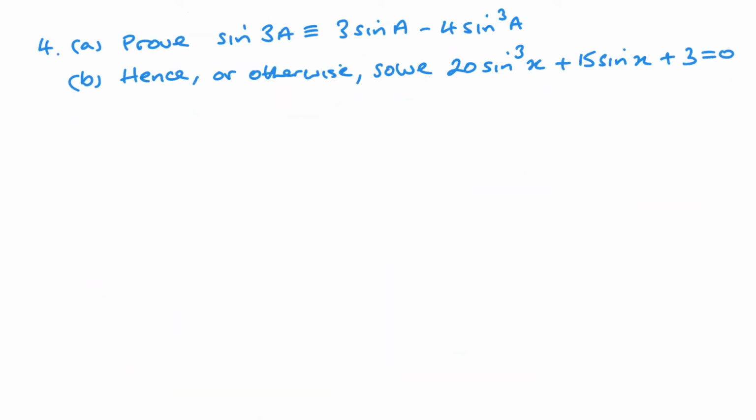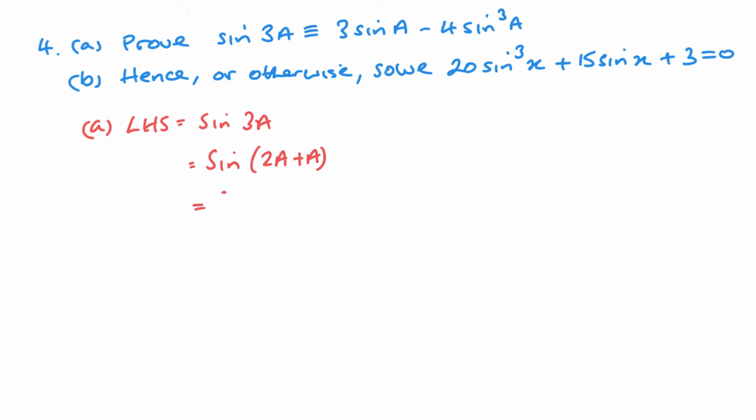So number 4, prove sine 3a equals that. So let's start with the left hand side, sine 3a, and I want to write this as an addition angle, so 2a plus a.